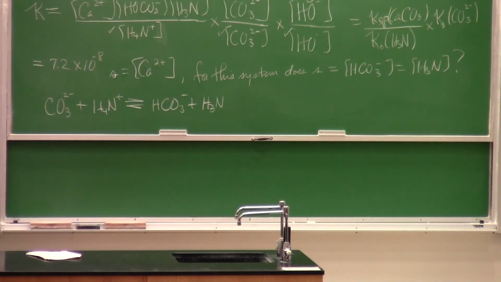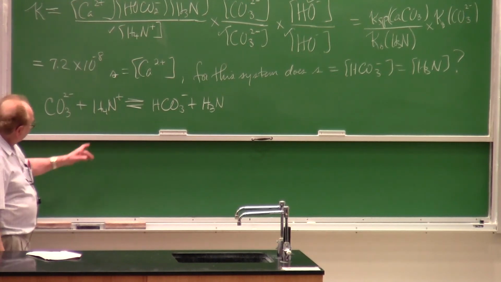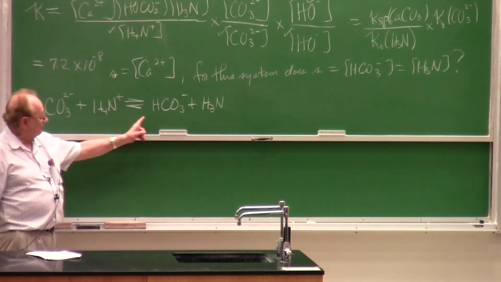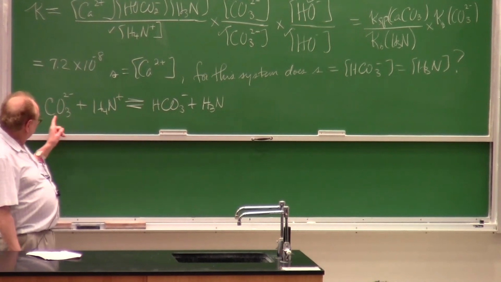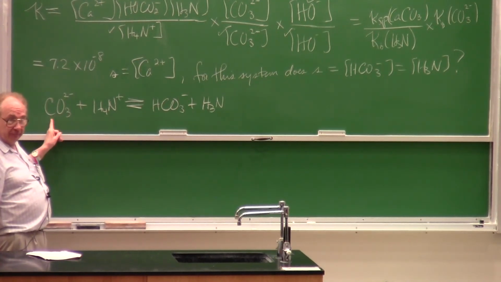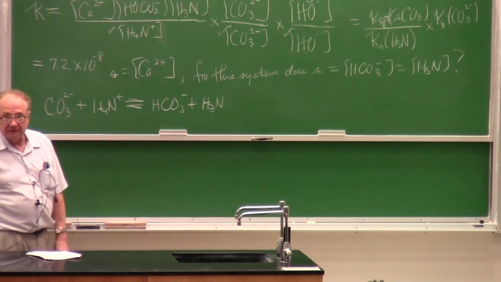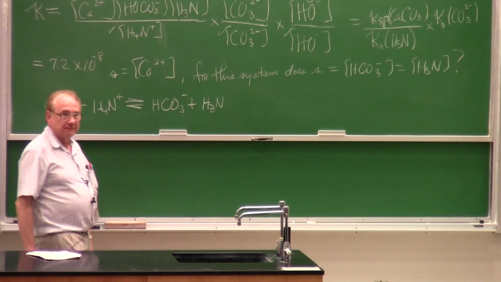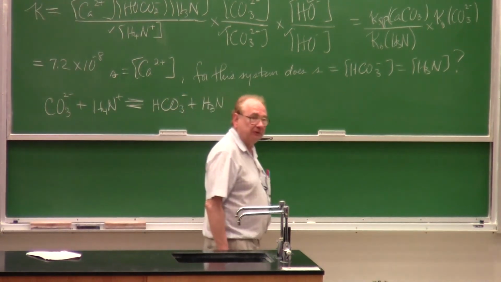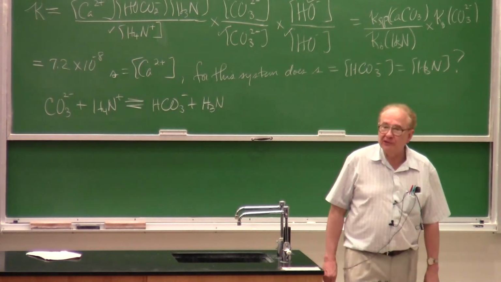We just talked about the fact that this is a stronger acid than this, which therefore means that this is a stronger base than that. That means this is a large extent reaction. What numerical value can we now obtain that gives us a measure of extent?